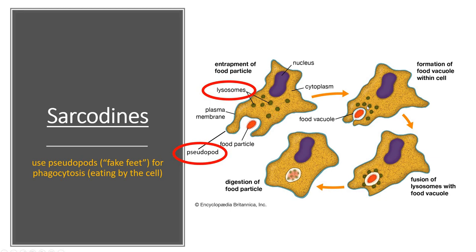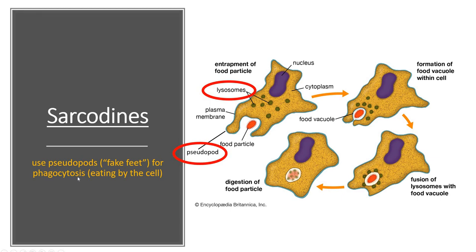So those pseudopods you can see in the next picture, they have surrounded the food. It ends up becoming a vacuole or a bubble. These lysosomes are going to combine with that vacuole, the bubble, and they are going to digest the food. Okay, that process is called phagocytosis.